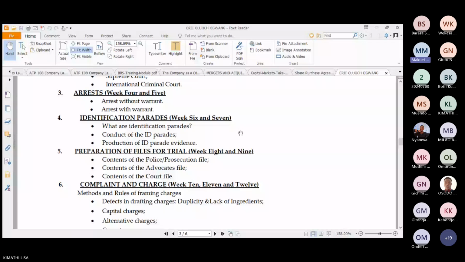So colleagues, on the aspect of preparation of files for trial, this is usually my best topic. The reason is that I used not to understand the preparation of files.